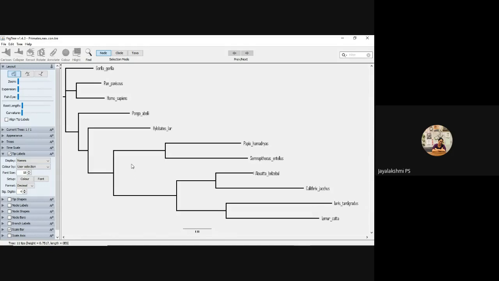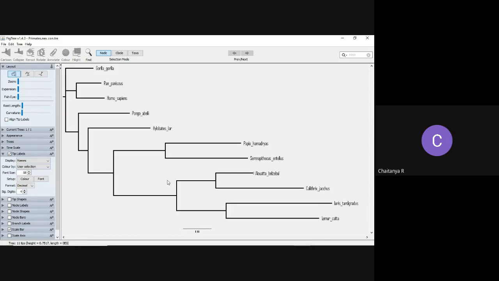No, we have to reroot. It's not rooted properly. We know about the outgroup and we'll have to select it so that it can rearrange the tree again.